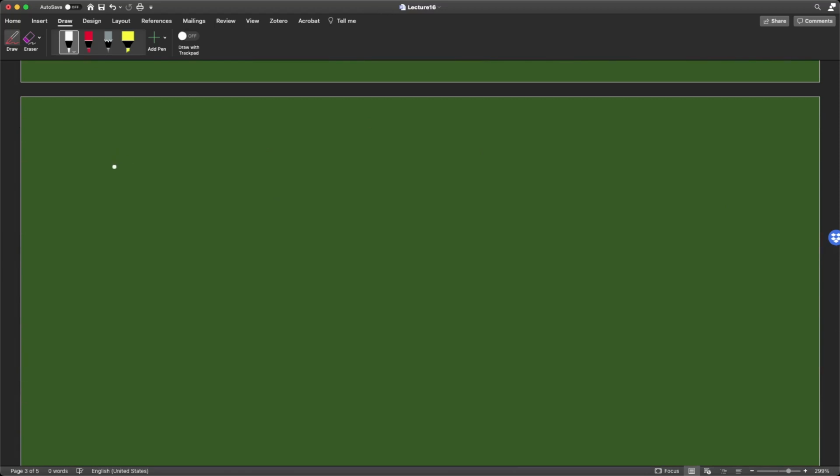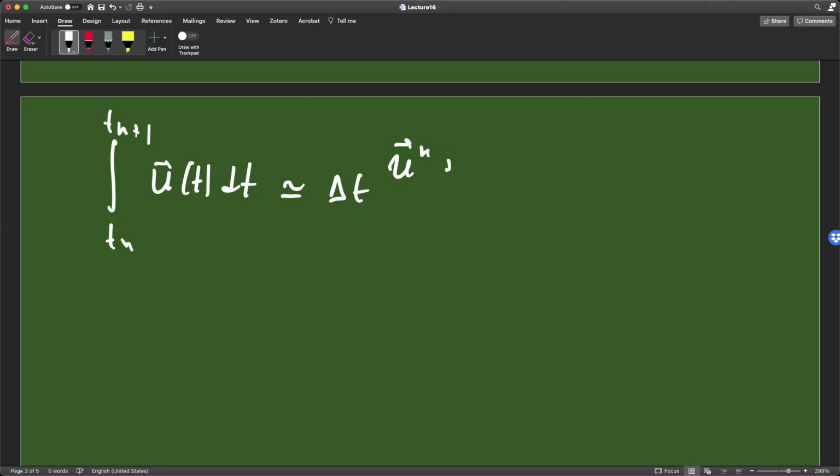So that involves approximating this integral, the integral of u of t dt, and that's equal approximately to un plus un plus 1 divided by 2. That's the trapezoidal rule.